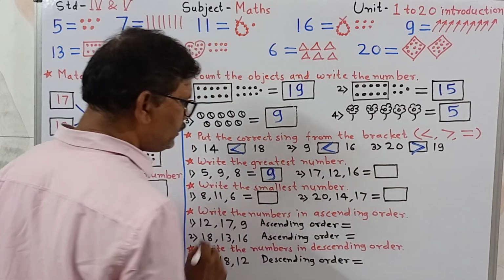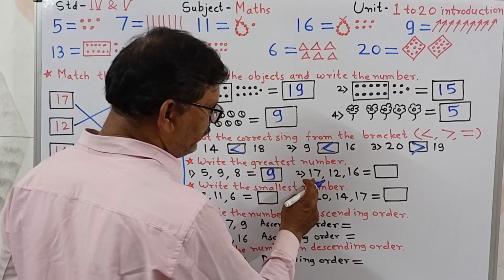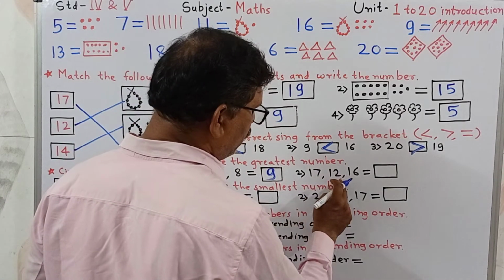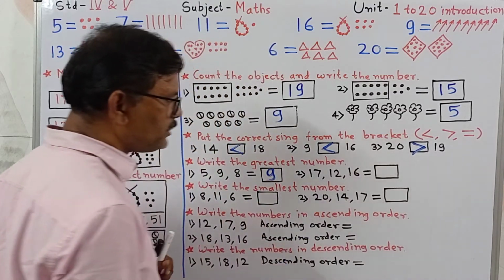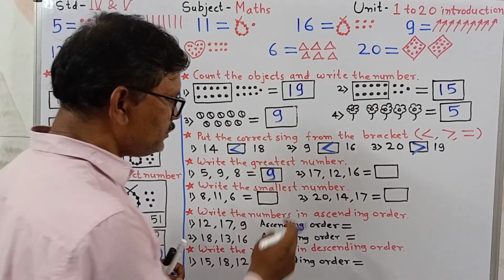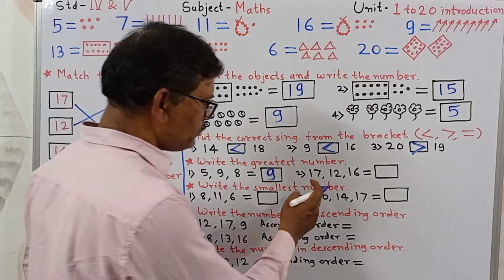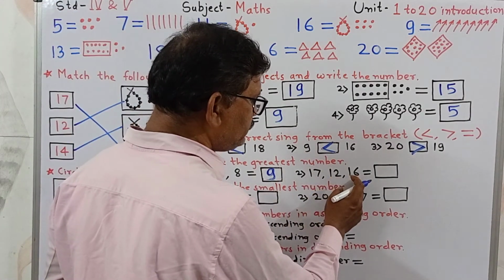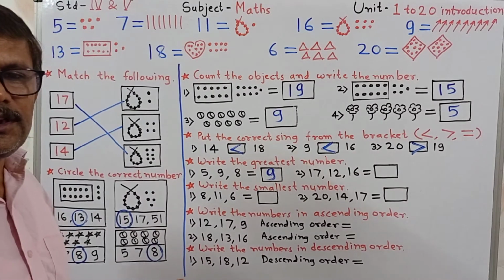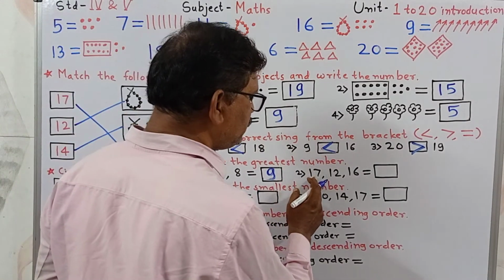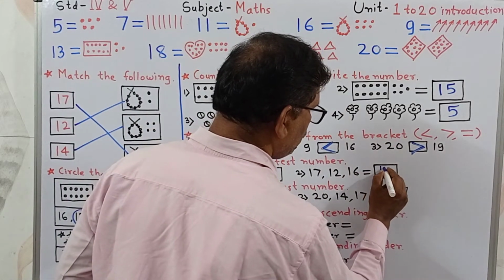Okay. 17: 1 ten, 7 units. 12: 1 ten, 2 units. 16: 1 ten, 6 units. Which is the greatest? 1 ten, 1 ten, 1 ten, same. And 7 units, 2 units and 6 units. 7 units is greater. So which number is the greatest? 17 is the greatest number. Okay.